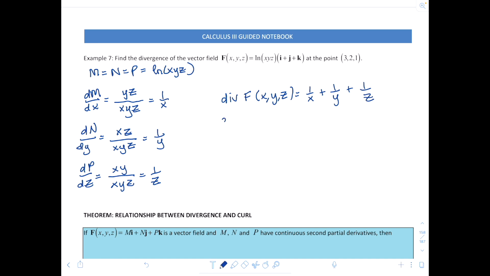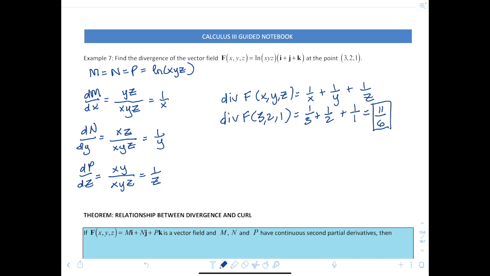And if we evaluate this at, what was it, 3, 2, 1, we will get 1/3 plus a half plus 1 over 1, which ends up giving us, let's see, 6. So we'd have 2 plus 3 is 5 plus 6. That would be 11 over 6.